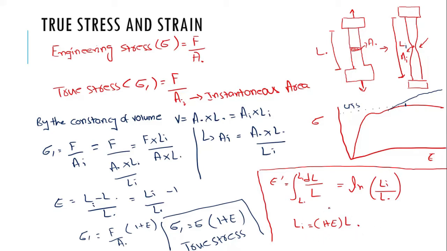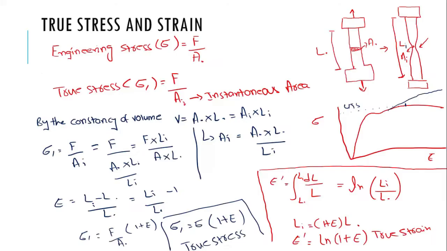So we can simply write it for the true strain, that is ln of 1 plus engineering strain. This is the true strain value.